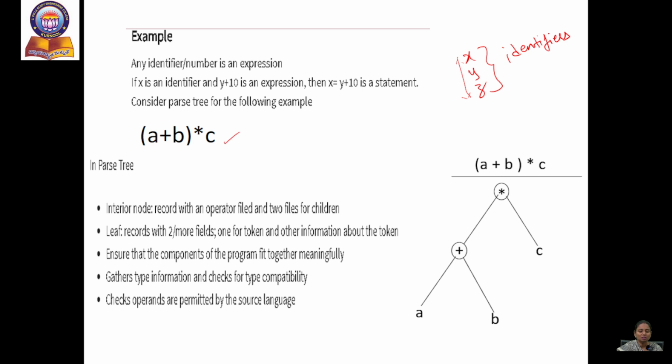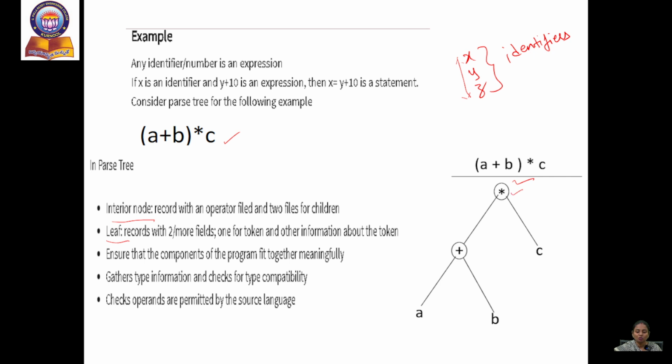So now consider this simple statement to construct a parse tree. By constructing the parse tree, we should know which one should be taken as the interior node, which should be taken as the leaf node, and a way to stop the parsing actually. So for that we need to know what is an interior node and what is a leaf node. Here you can identify in this statement the record with an operator field and two fields for children.